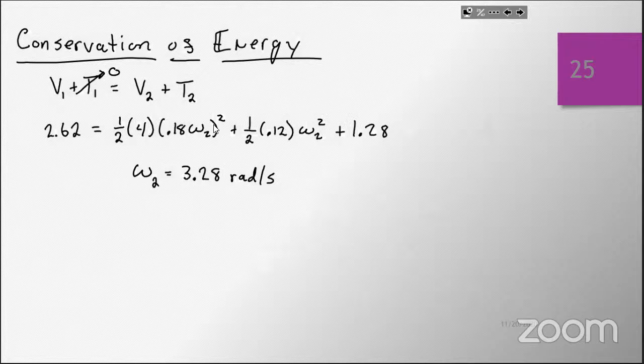So I have 1/2 times 4 times (0.18 V2) whole thing squared plus 1/2 times 0.12 omega 2 squared plus 0.1 plus 1.28. And I can solve for the angular velocity. Omega 2 is equal to 3.28 radians per second. That was fast.